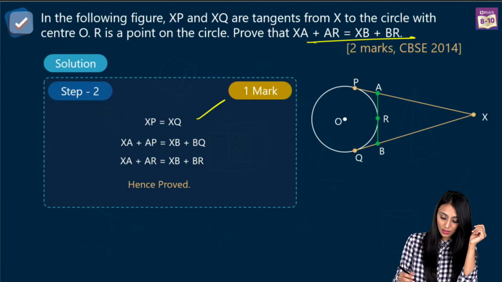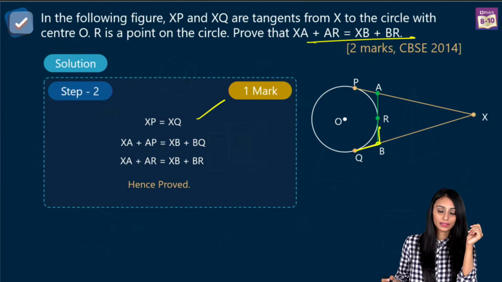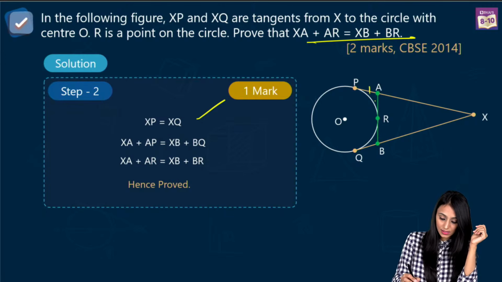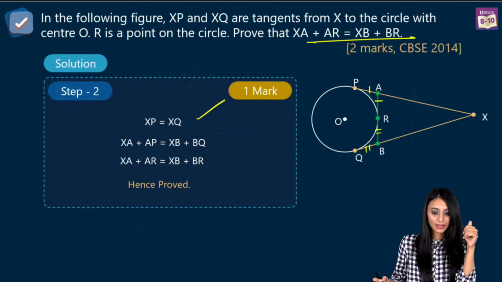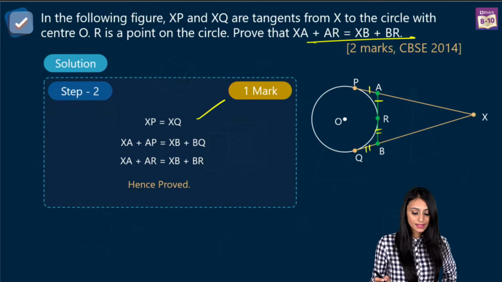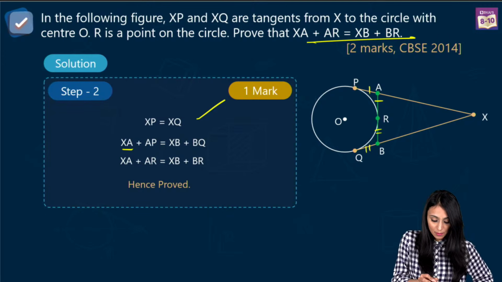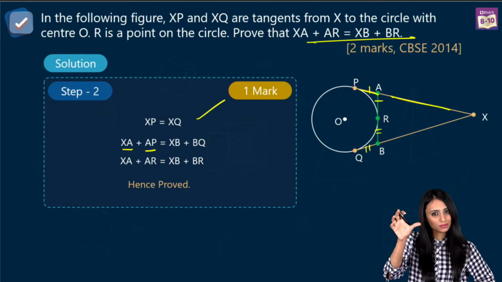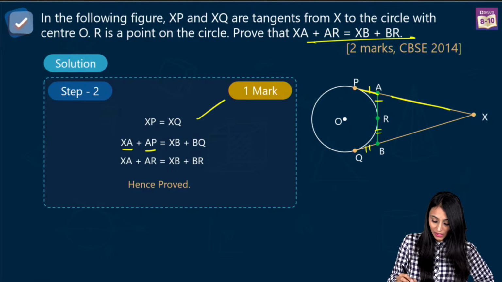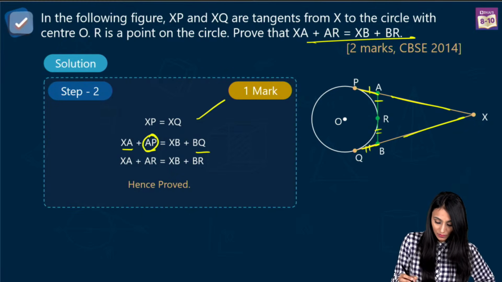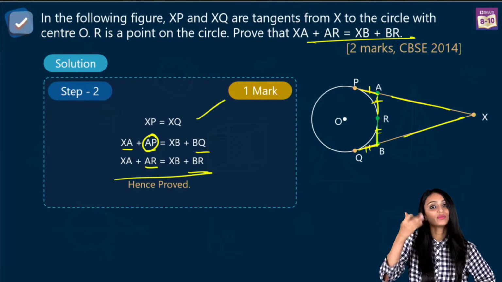Also this is the external point, BQ and BR are equal, right? So what you need to do here is this XP can be written as XA plus AP, whole thing. XQ can be written as XB plus BQ, right? I can replace this AP with AR and this BQ with BR, and you come to the final result.